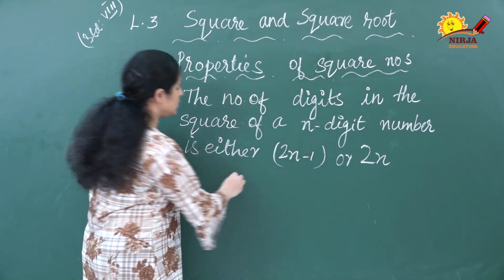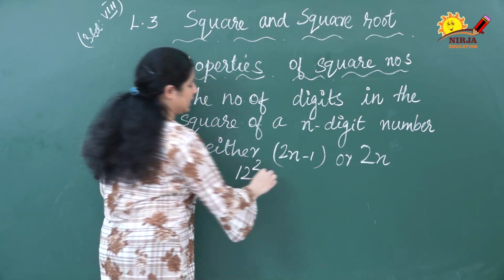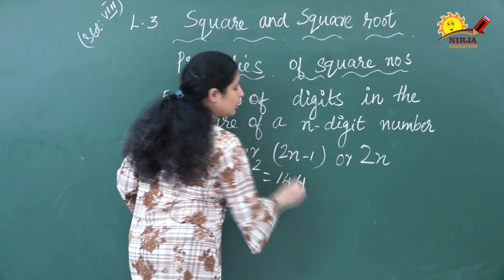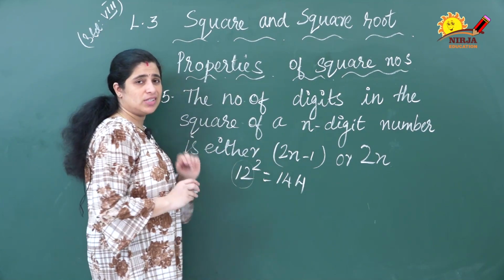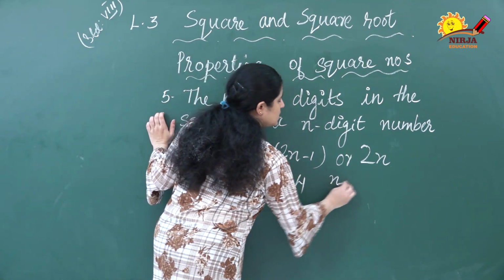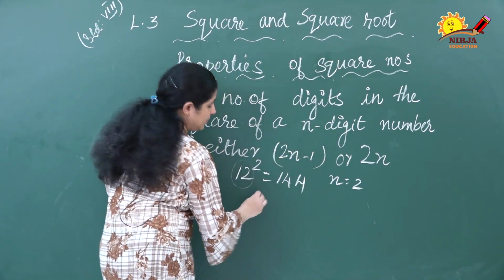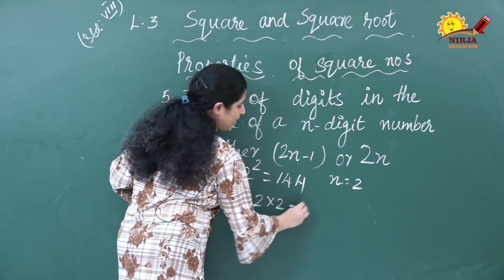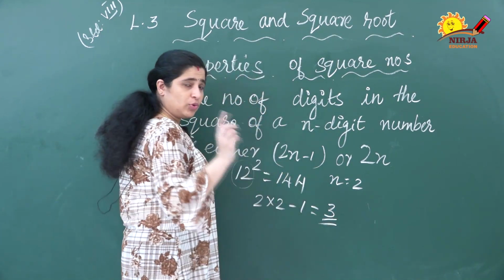Consider a number 12. You know that the square of 12 is 144. How many digits are there in this 12? 2 digits are there. That means n is equal to 2. Apply this n here. That means 2 into 2 minus 1, that means 4 minus 1 equal to 3.